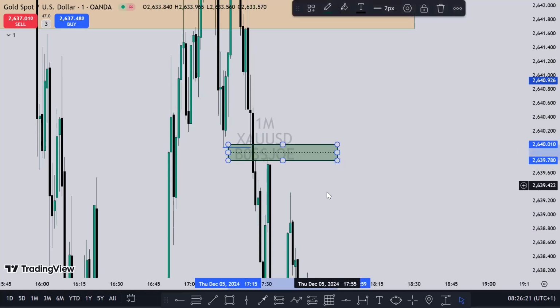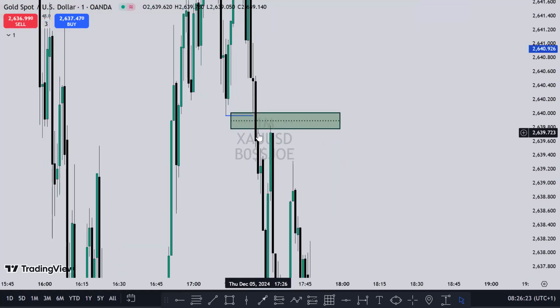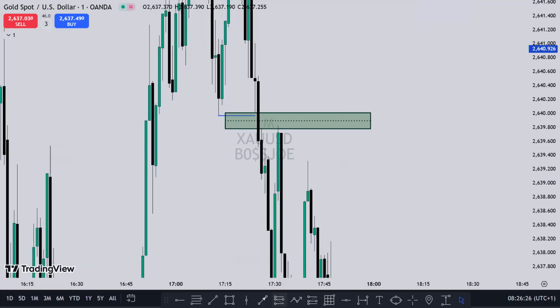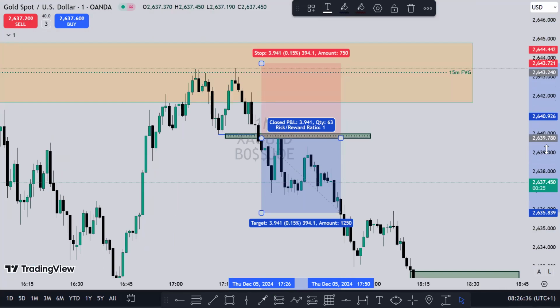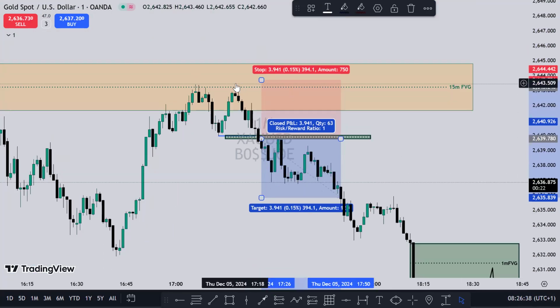Are you seeing that? So this candle's high would have been your potential entry point. Then your stop loss right above this candle's wick high.